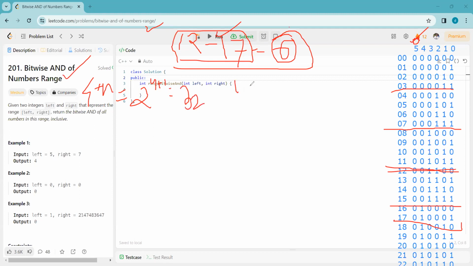That means the first 16 numbers will be zeros and the next 16 numbers will be ones, in the ranges 0 to 15 and 16 to 31.